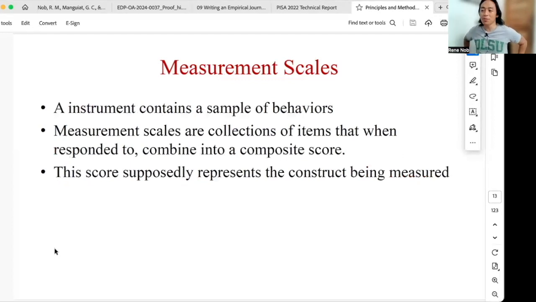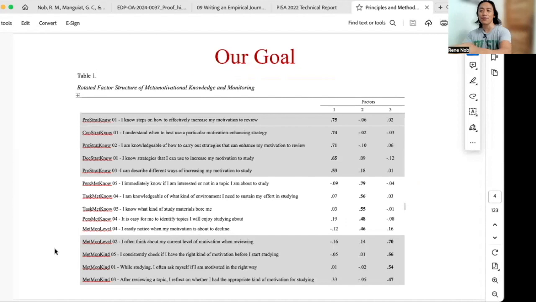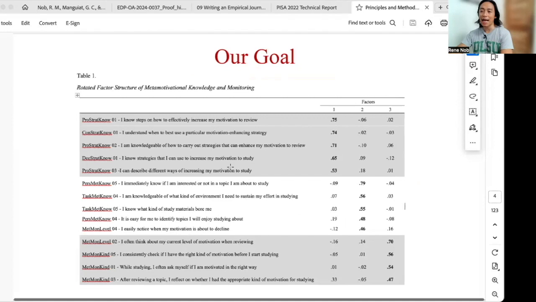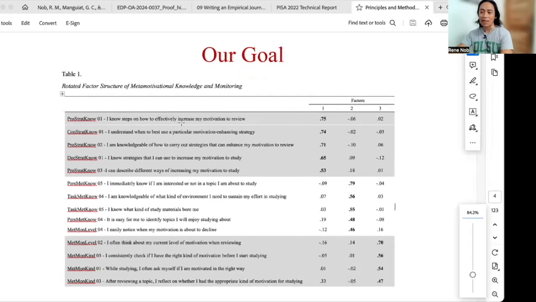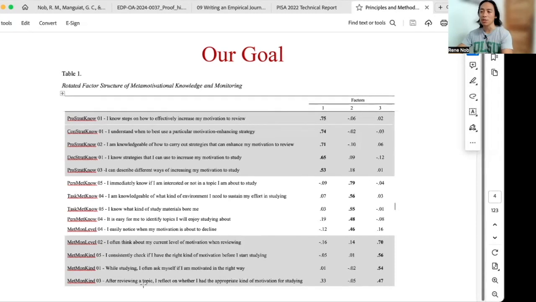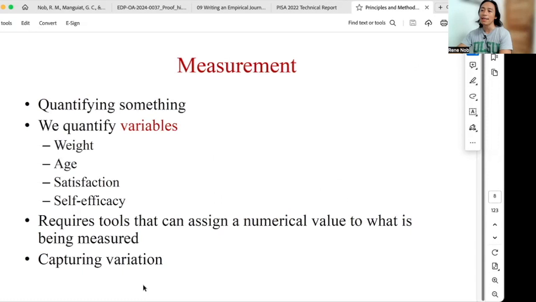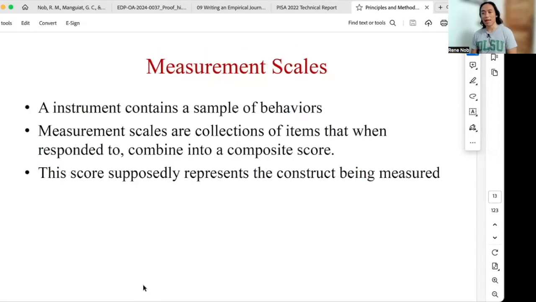So essentially, a measurement scale is an instrument that contains a sample of behaviors. In here, these items are samples of behaviors. I know steps on how to effectively increase my motivation to review. I understand when to best use particular motivation enhancing strategies, and so forth and so on. So all of these items, all of these statements describing behavior or describing thought or cognition, are regarded as sample behaviors.